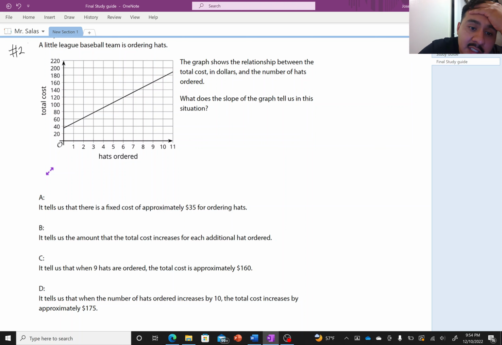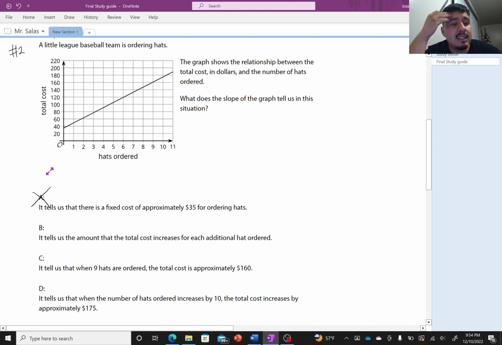We know that a fixed cost means that no matter how many hats we buy, it's gonna cost $35 regardless of how many hats we buy. So is that true? No, that's not true. Our graph is showing that as we buy more hats, the graph is going up because the price is also going up. So A is not an answer.